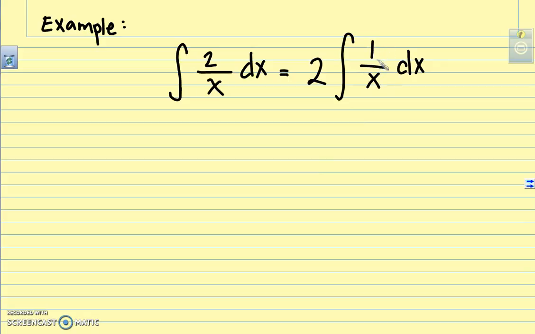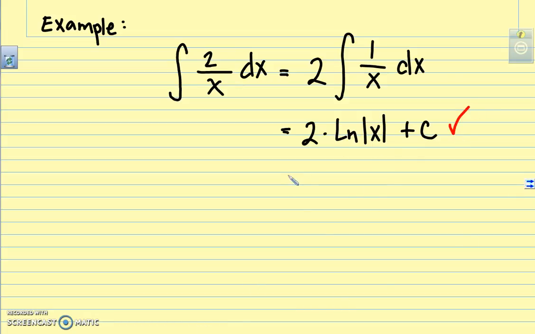And then you can easily apply the rule that you just learned. The integral of 1 over x is the natural log of the absolute value of x plus c. And I think this answer would be just fine.